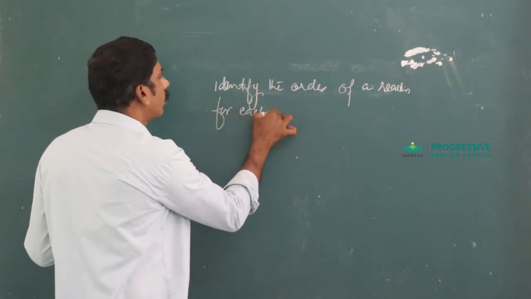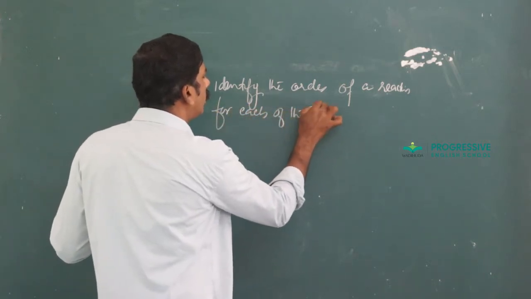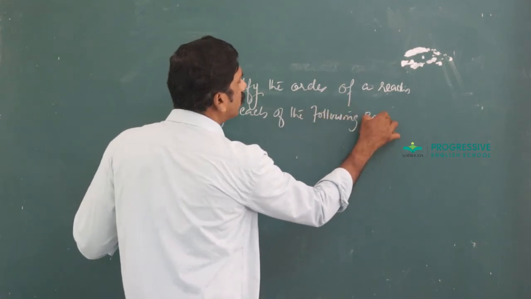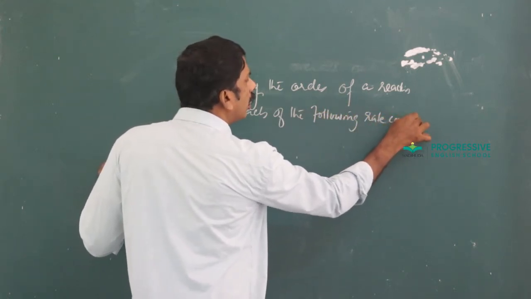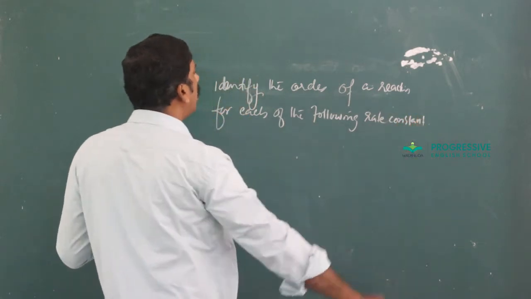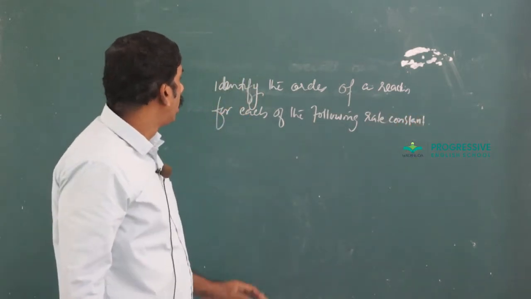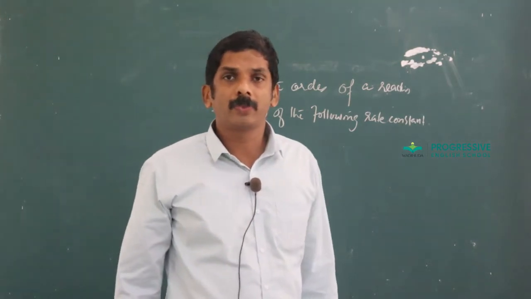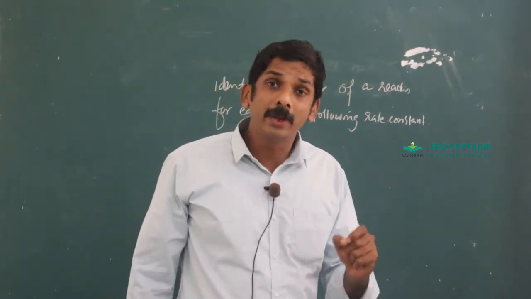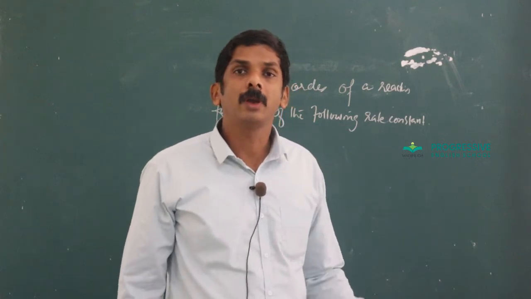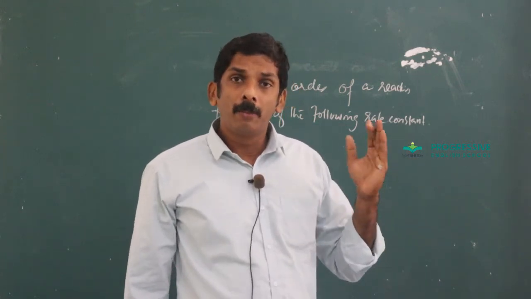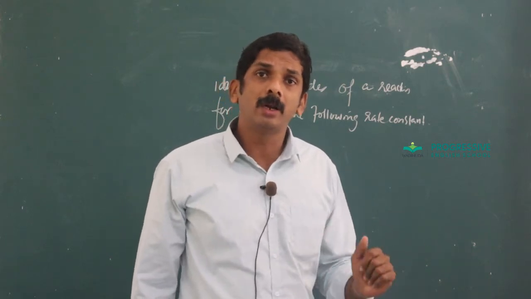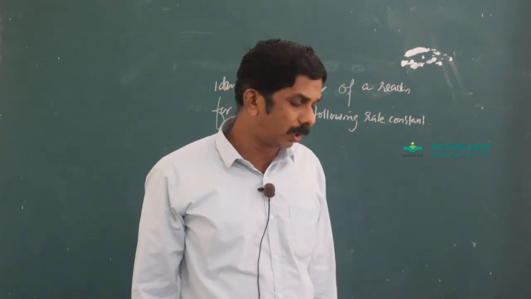For each of the following rate constants, the rate constants are given along with their unit, and by looking at the unit of the rate constant, predict the corresponding order of the reaction.